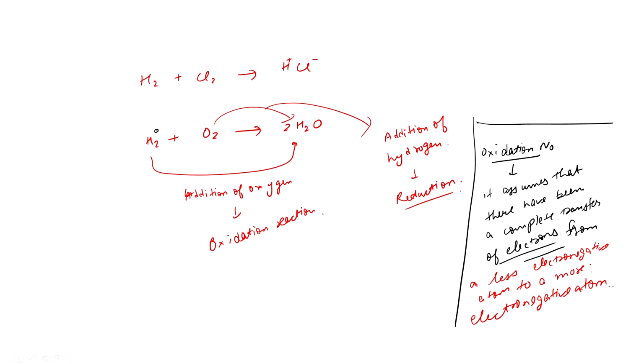As in the case of ionic compounds, let us say I am saying hydrogen and oxygen. You know oxygen is a more electronegative element, right. The more electronegative atom will gain electrons, so there will be a transfer of electrons from hydrogen to oxygen.